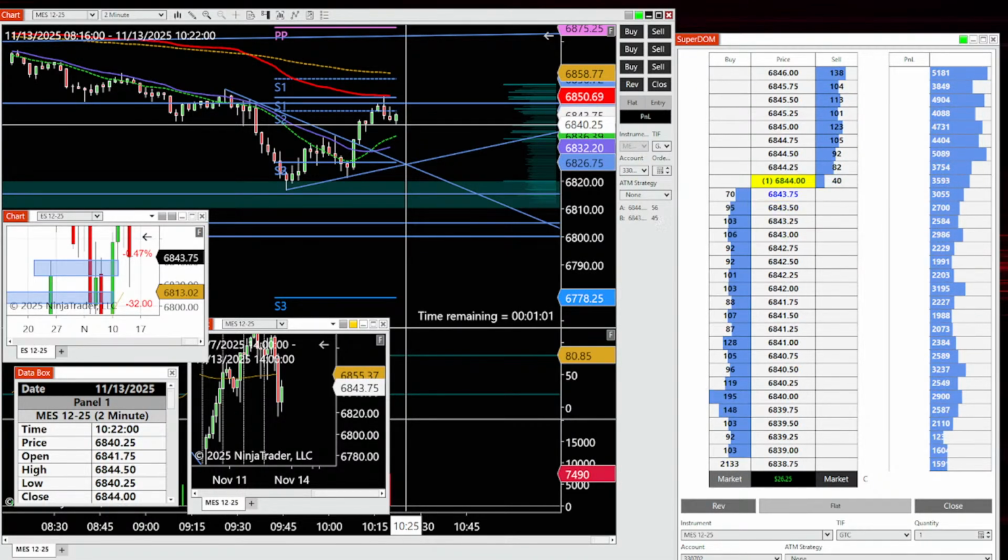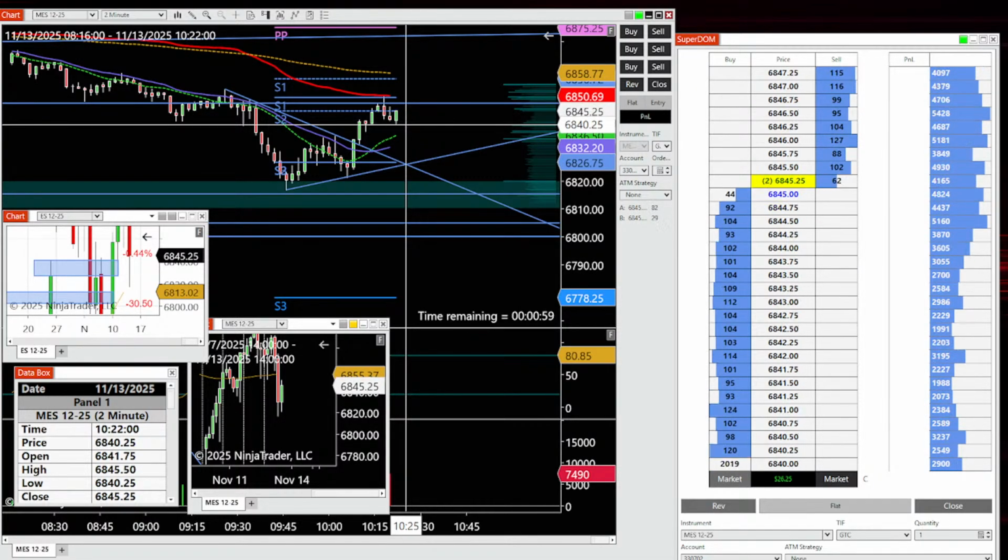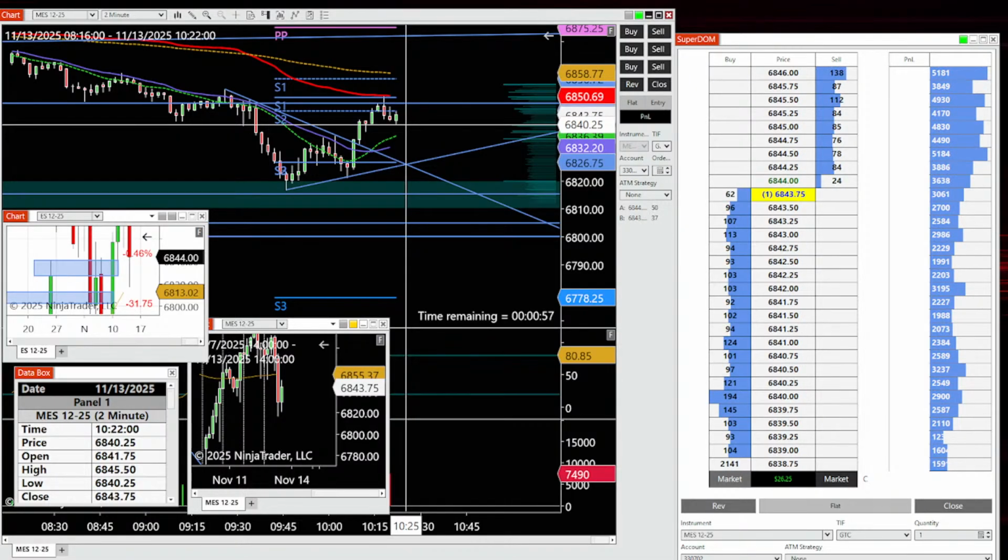Let's see if it could make another move up and fail. Trying to hold over 40.